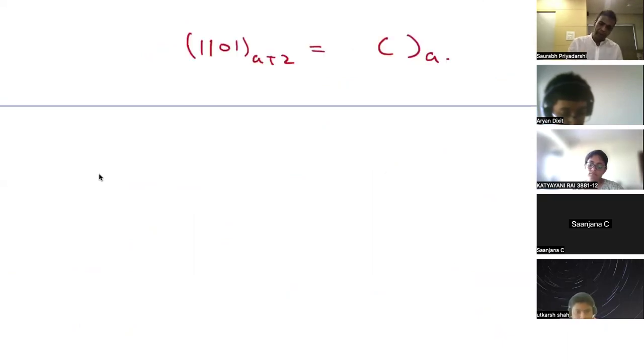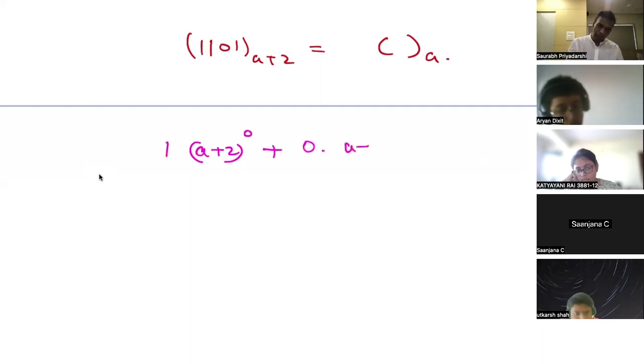See, this is obvious, right? You have written (a plus 2) to the power 0, 1, plus 0 into (a plus 2) to the power 1, plus 1 into (a plus 2) to the power 2, plus (a plus 2) to the power 3.